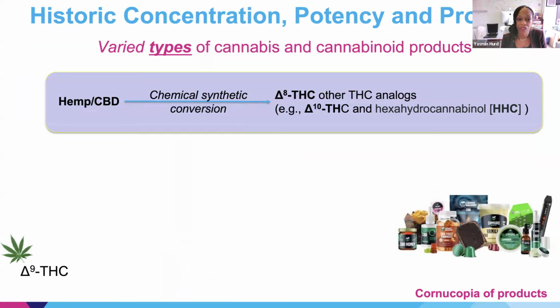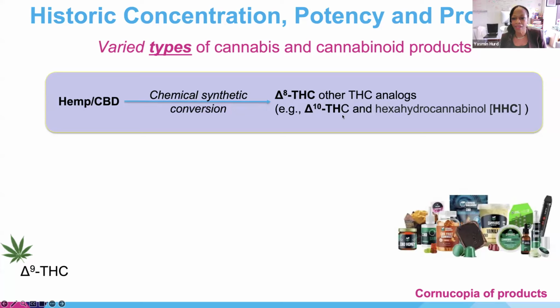So now, cannabis is still illegal federally, still considered a Schedule I drug, but cannabidiol, which is made from hemp, which has less than 1% THC, because as I showed you, CBD does not have this intoxicating effect. So the Farm Bill of 2018 allowed for hemp CBD to not be scheduled anymore. And then you had people and companies making THC analogs, starting with hemp, starting with CBD, and chemically converting it.